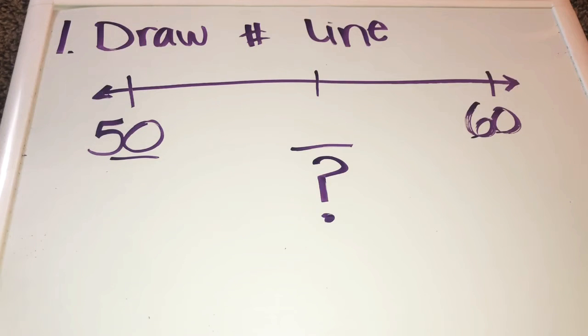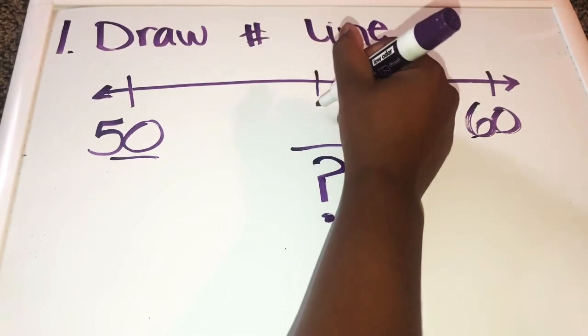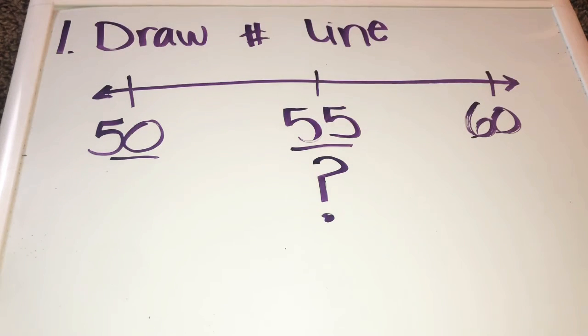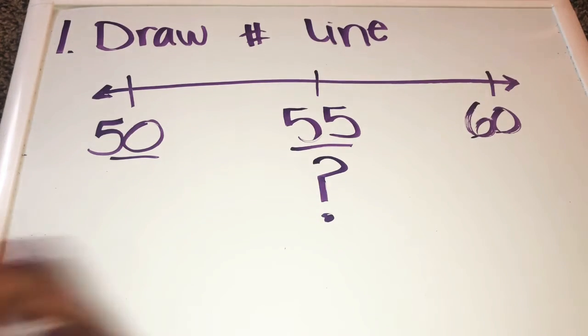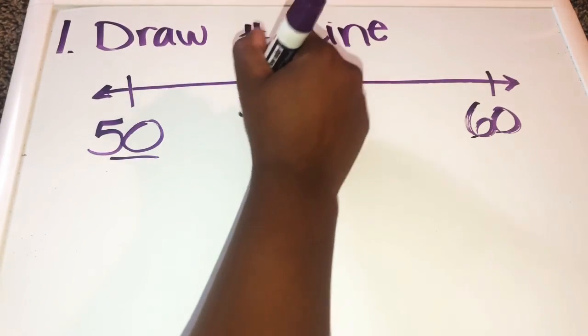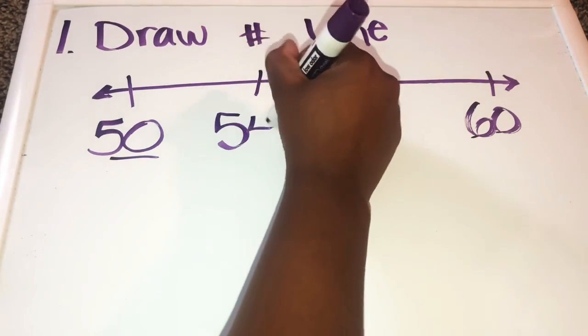Who knows? That's right, it's 55. Now the next thing we have to figure out is, where does 54 fall on this number line? 54 comes before 55. So I'm going to make a little tick mark just before 55, and I'm going to write 54.